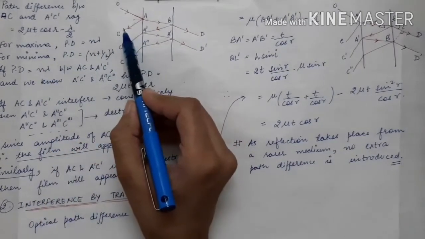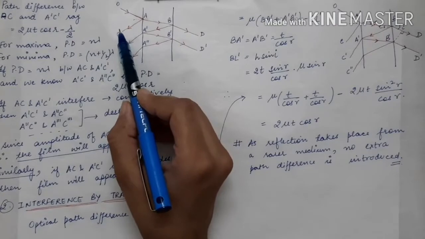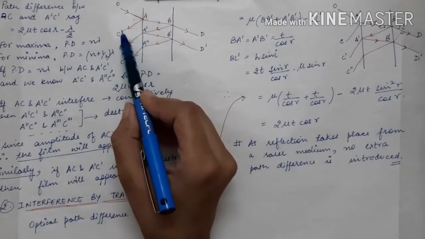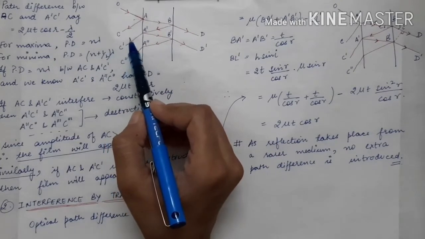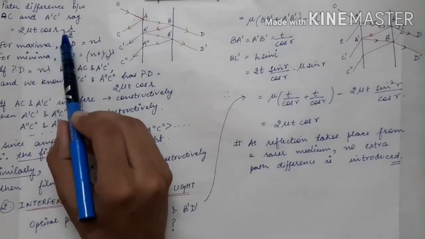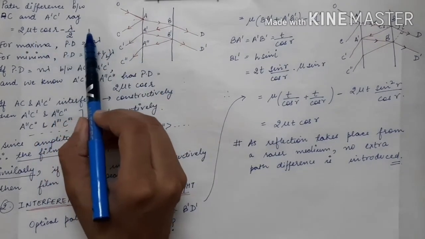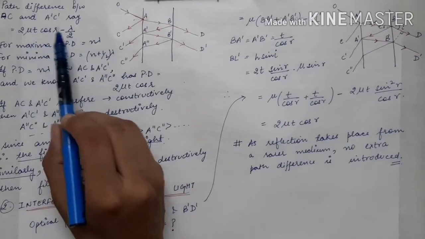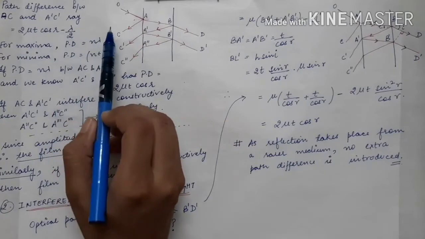So if the first two rays interfere constructively, it means 2 mu t cos r minus lambda by 2 is equal to n lambda, and from there we get 2 mu t cos r is equal to n plus half lambda.